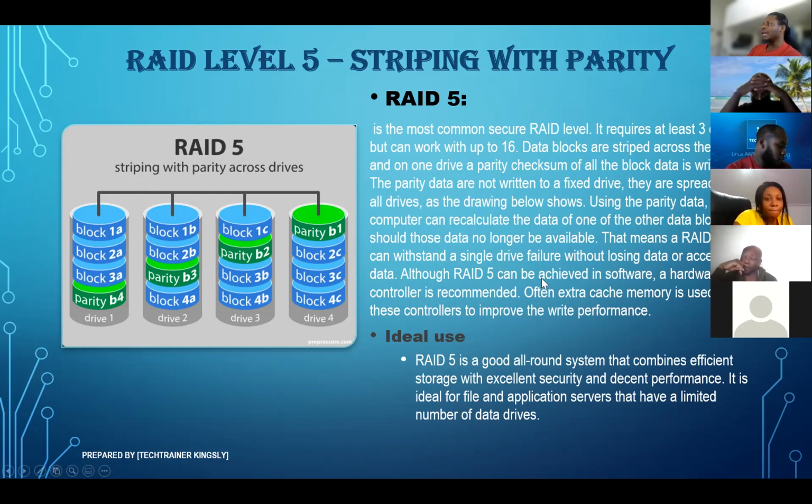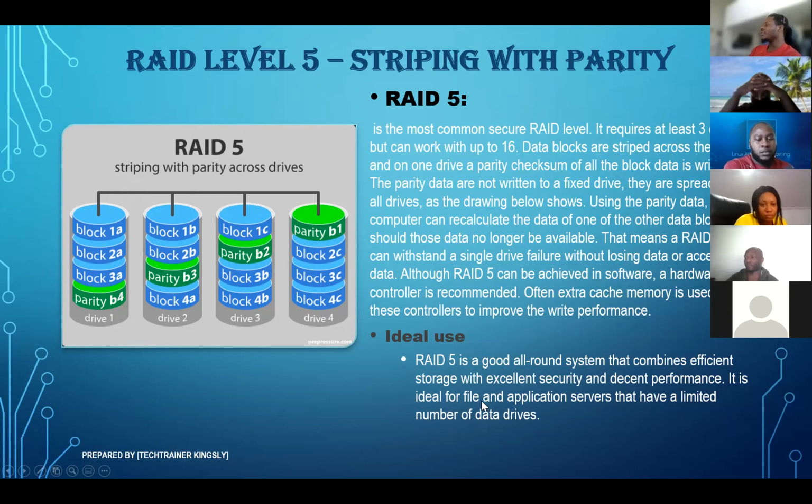Although RAID 5 can be achieved in software, a hardware controller is recommended. Often extra cache memory is used on this controller to improve writing performance. It's a good all-around system that combines efficient storage with excellent security and decent performance.